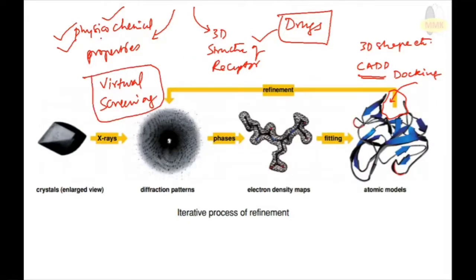When we use only physicochemical properties and structural information from ligands, we call them ligand based drug design tools. When we know the three-dimensional structure of the protein, we call them structure based drug design tools.